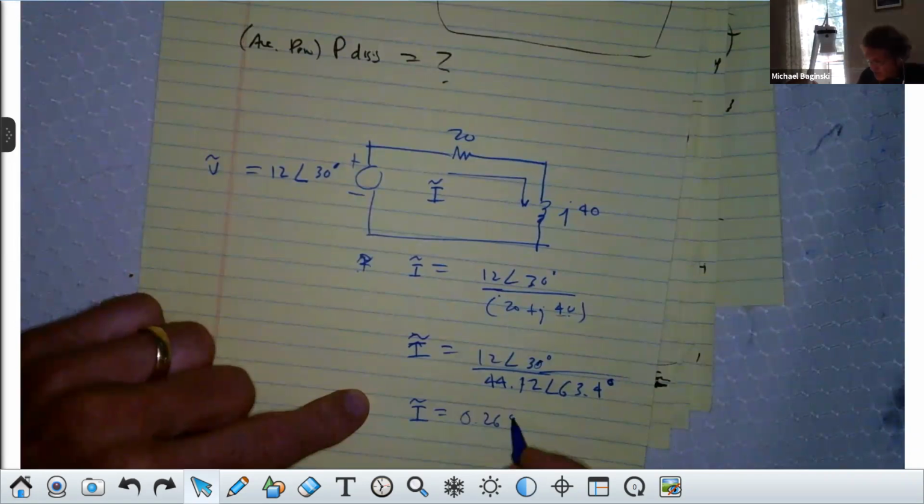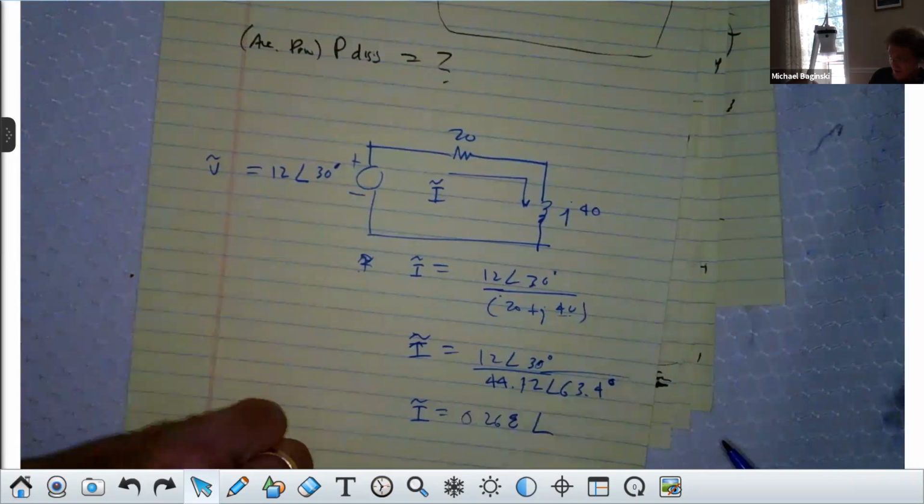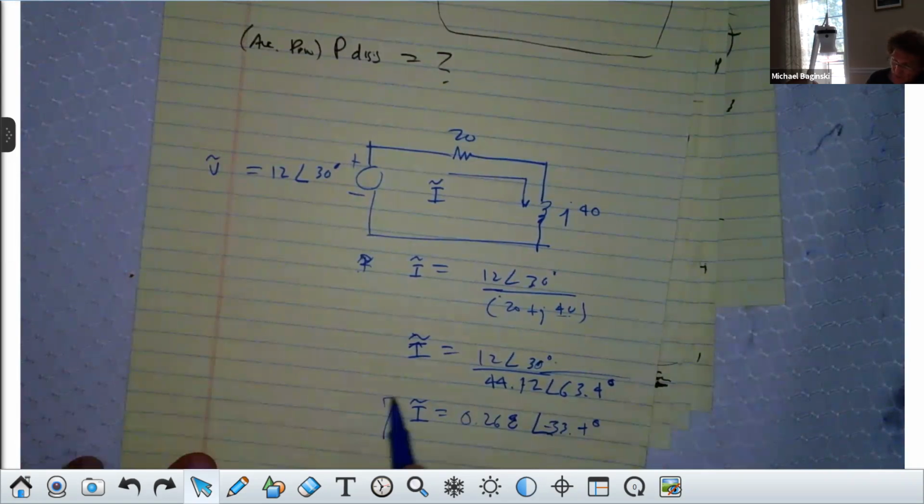Okay, and what's the angle going to be? Now listen, that would be 30 minus 63.4, right? So it'd be minus 33.4, is that right? Y'all agree with that? Yes. All right, that's the phasor current.